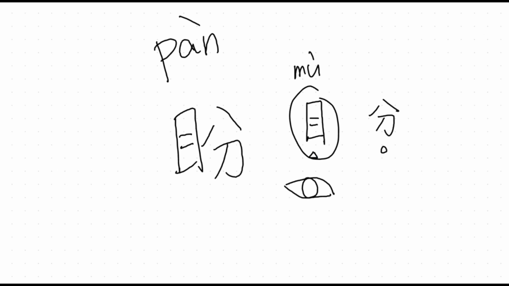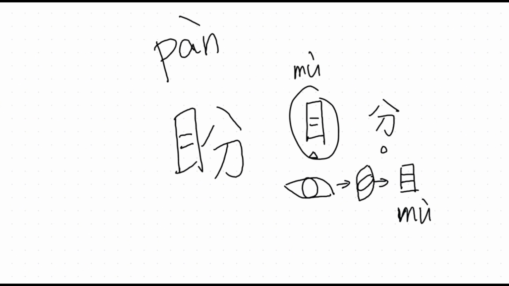So when you put it vertically, like this, and when you squeeze it, make it more rectangular, it'll be like this. Pronounced mu.